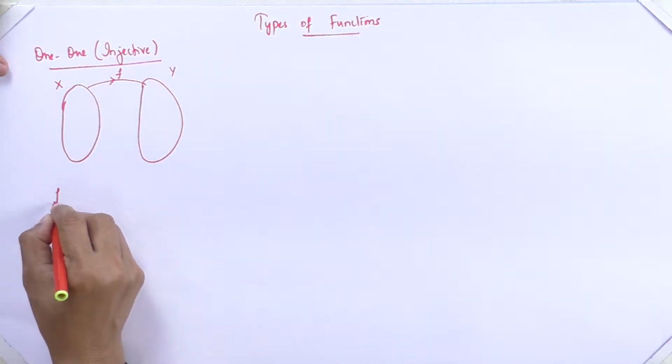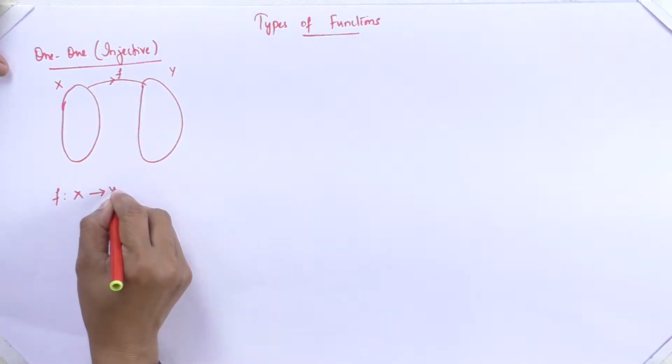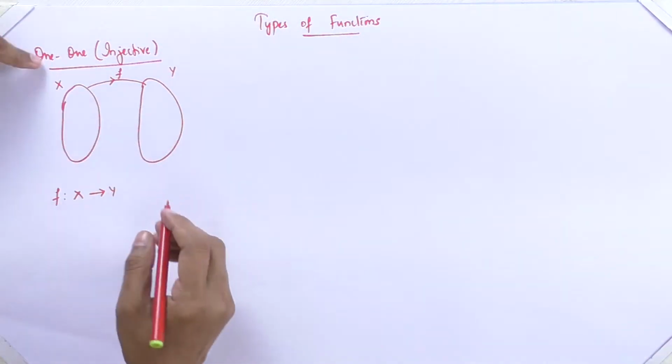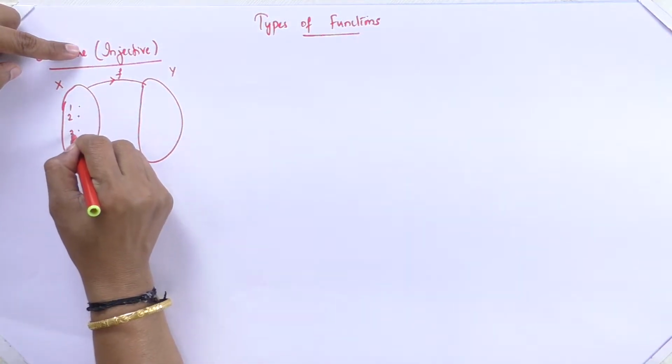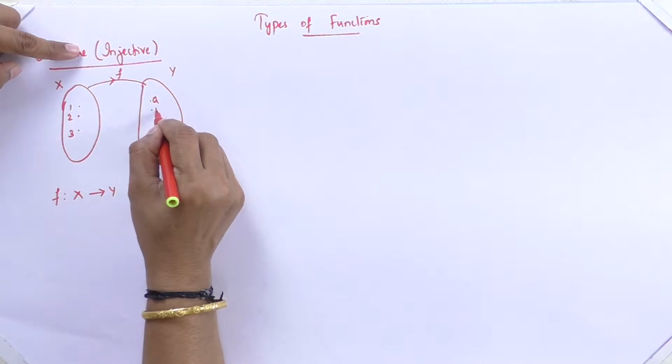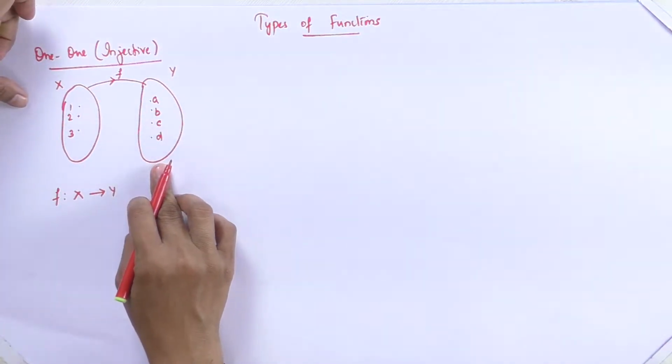Now this function f from X to Y is said to be one-to-one or injective if each and every element is distinctly mapped onto each and every element of Y, right?